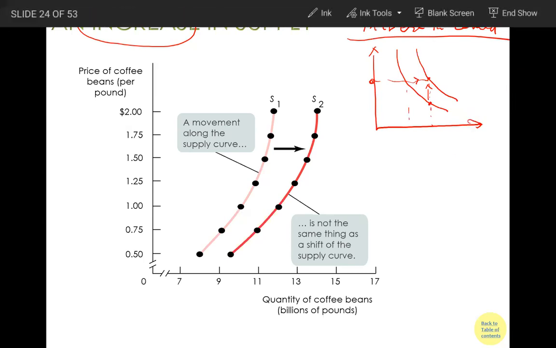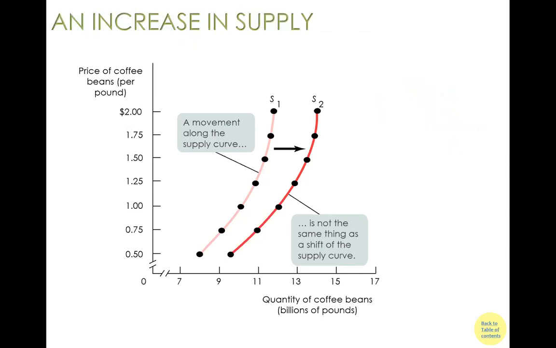Now, similarly, for an increase in supply, we have a similar interpretation. If the price stays at $1, now the supply side, the producer, is willing to supply more. Or on the other hand, if you want the same amount of goods supplied in the market, the supply side is willing to charge a lower price.